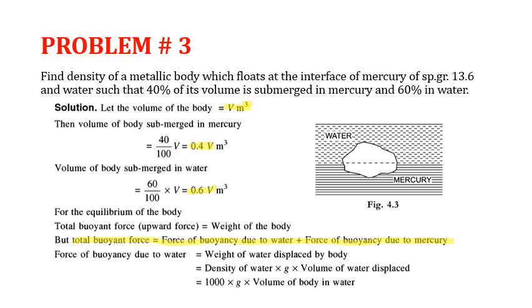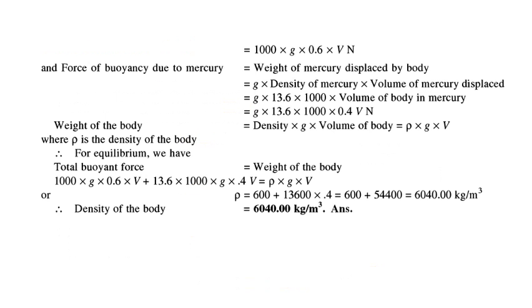So the force of buoyancy due to water will be the weight of water displaced by the body: density of water into gravitational acceleration into volume of water displaced, so 1000 into g into 0.6 V. And the force of buoyancy due to mercury will be the density of mercury, which is 13,600, into gravitational acceleration into the volume of body in mercury, which is 0.4 V.